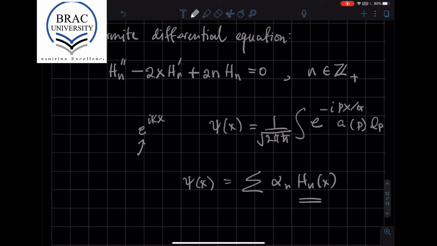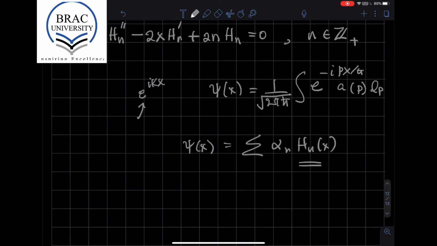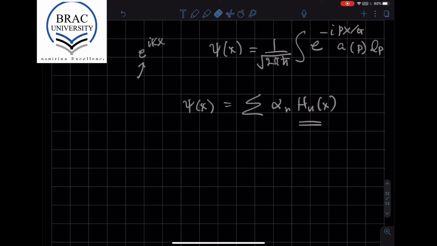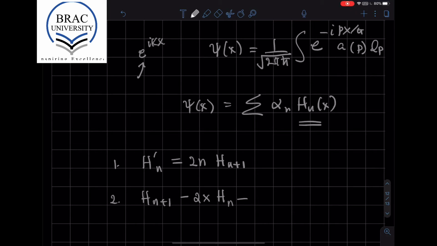The Hermite polynomials also satisfy some very nice recurrence relationships, and these are not very hard to show. For example, the first one is that the derivative of Hn is given by 2n times Hn minus 1. Then number 2 is Hn plus 1 minus 2x Hn plus 2n Hn minus 1 is 0.